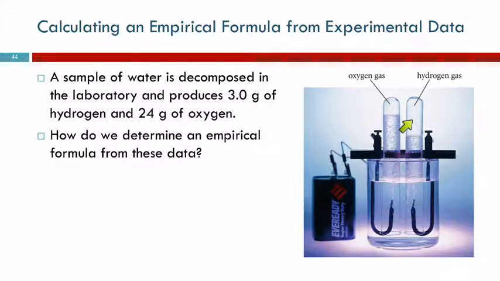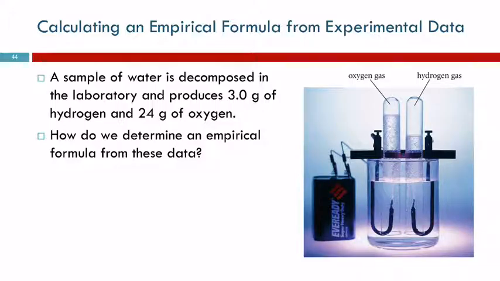There are twice as many hydrogen atoms as oxygen atoms, and so this volume is going to be twice as much as that. But when we weigh it, we find that we get 3 grams of hydrogen and 24 grams of oxygen. Even though there are more hydrogen atoms, they weigh a lot less.